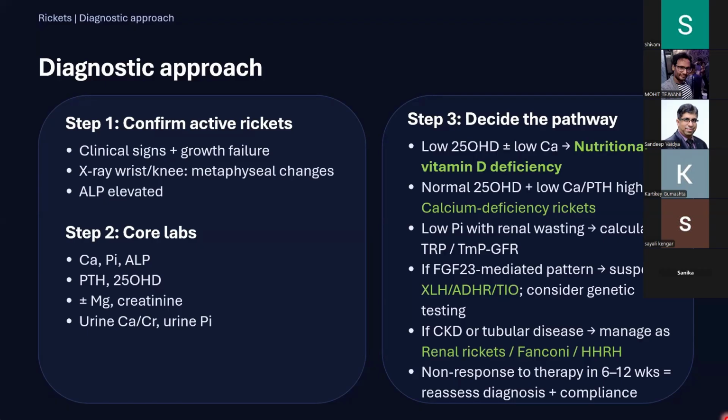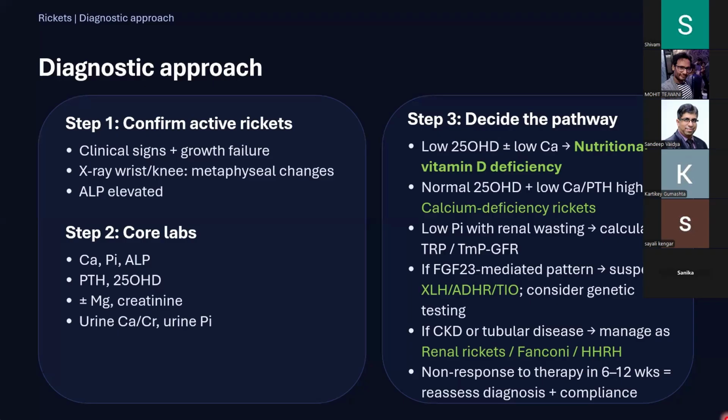After that, we do further labs. Calcium, phosphorus, alkaline phosphatase have to be done, along with parathormone and vitamin D levels. Sometimes we also look for urine markers, creatinine, and urine phosphorus, and according to that we form an algorithm in which whatever suits best, we treat the patient accordingly.